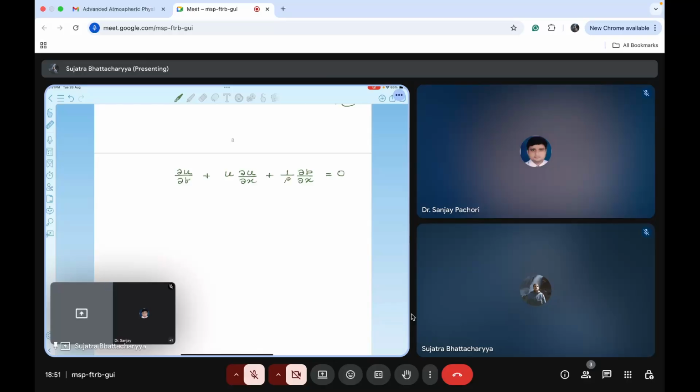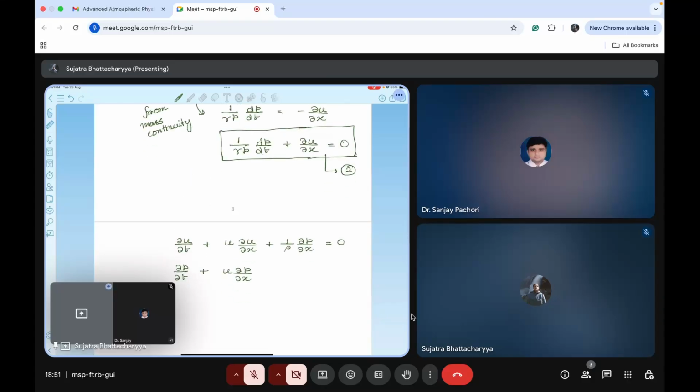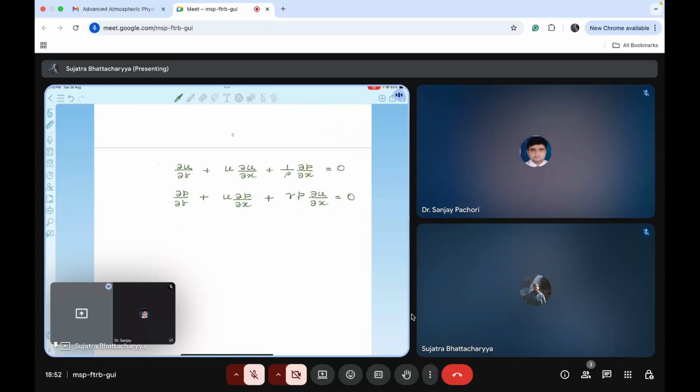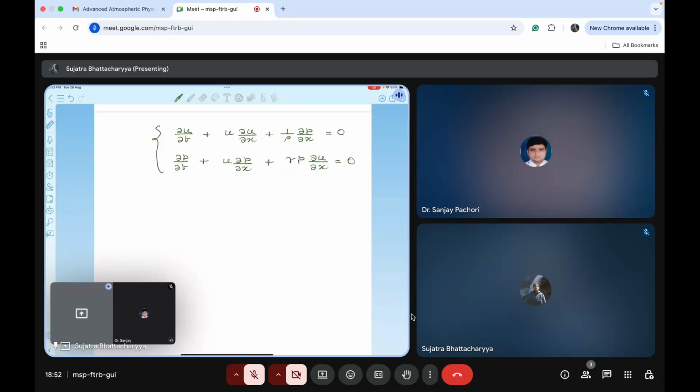Okay, fine. The second equation is delta p by delta t plus u delta p by delta x, this one. dp/dt we are opening, but v and w are 0, so I am not writing that. Plus gamma p times delta u by delta x equals 0. So these are the two equations. Now we will apply the perturbation method.